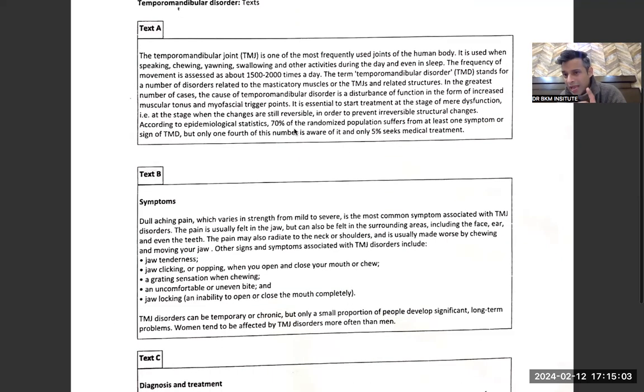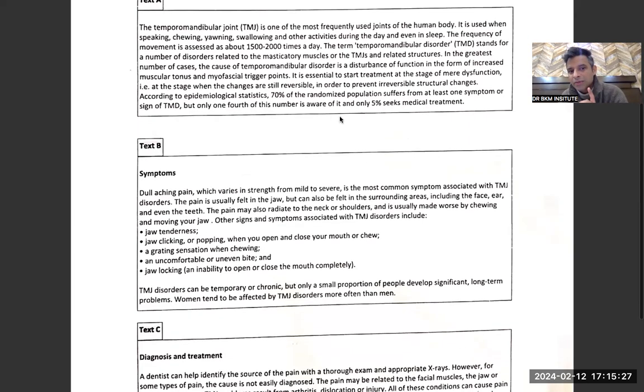Then they are talking about epidemiological statistics. Statistics always means number or percentage. 70% of the randomized population suffers from at least one symptom or sign of TMD. So they are saying 70% of the population. They are talking about the prevalence, but still they are not talking about gender. My question is gender wise prevalence.